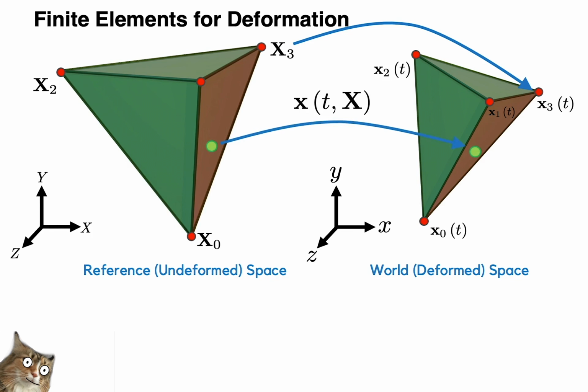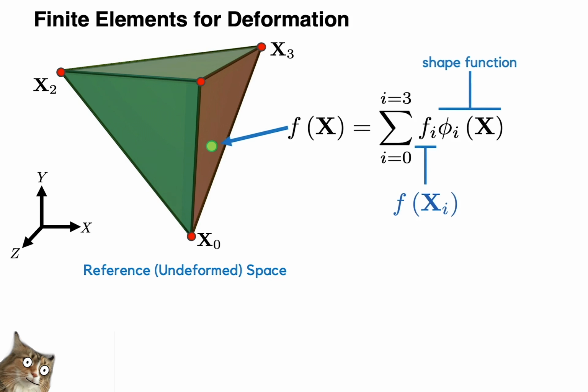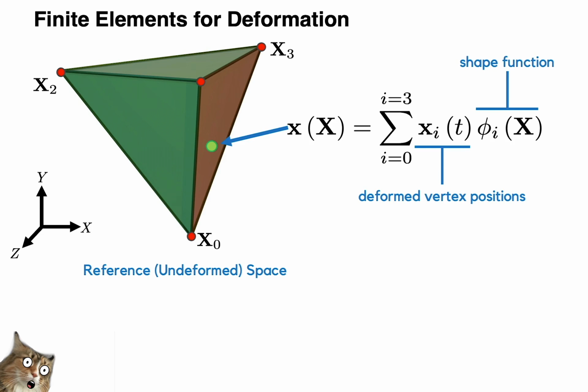Next, we will use this per-vertex mapping to establish a mapping for every point in our undeformed tetrahedron into the world space. And this will allow us to formalize the notion of deforming a single tetrahedron. Luckily, we already worked out how to rebuild a function inside a tetrahedron using values at the vertices. Now, for any point in our undeformed tetrahedron, we can figure out its world space or deformed configuration.